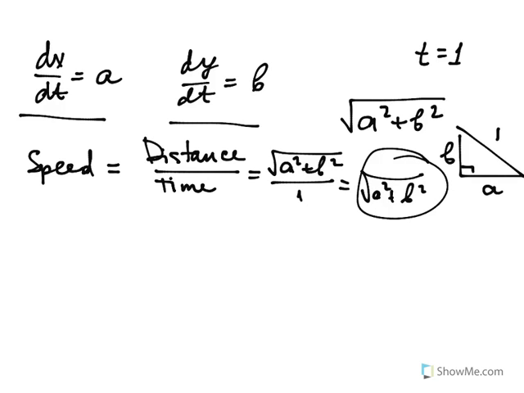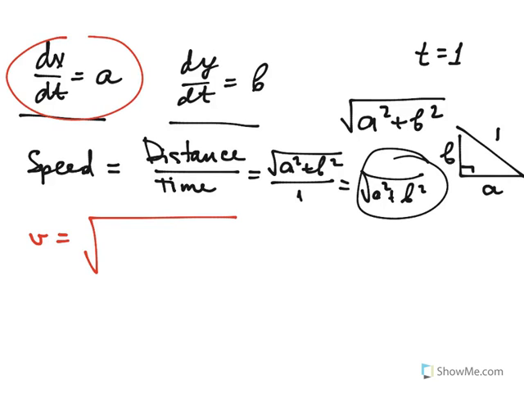Now, the instantaneous speed of a moving object is defined to be v equals the square root. Now, what stands for a?